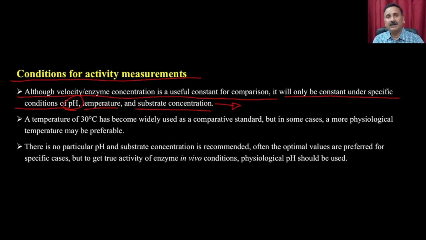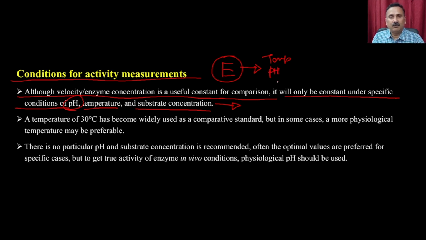Because the enzyme is not going to show you the same activity even if you are doing the reaction at 4 degrees or 27 degrees or something like that. So you have to show the activity conditions: what temperature you have used, what pH you have measured, and all that.